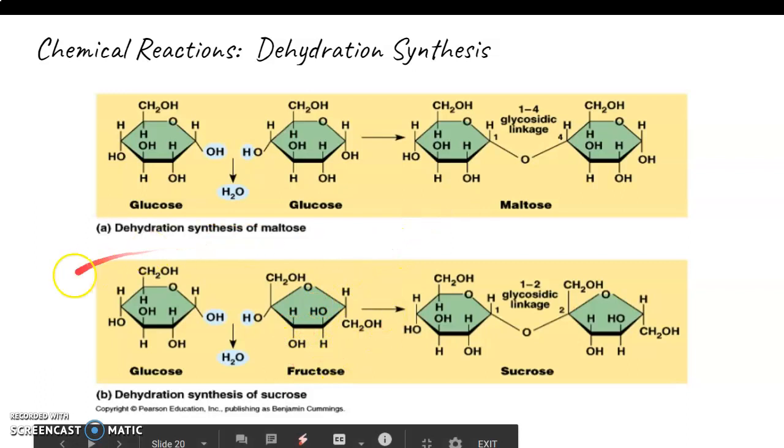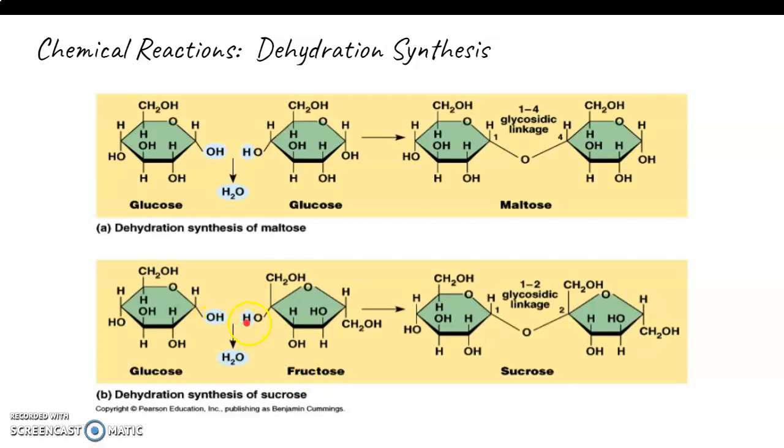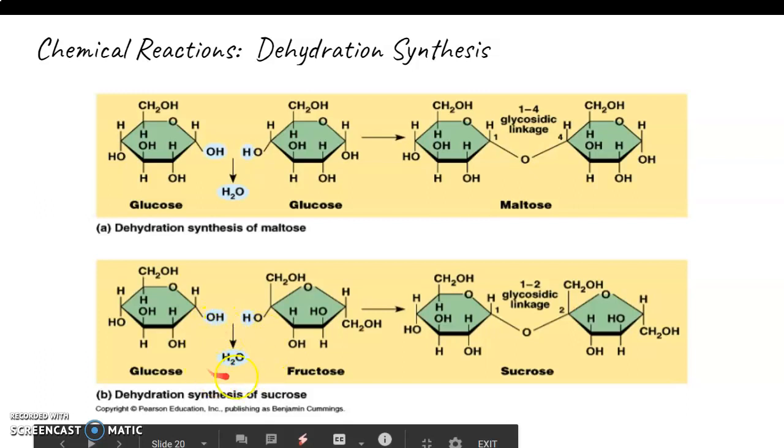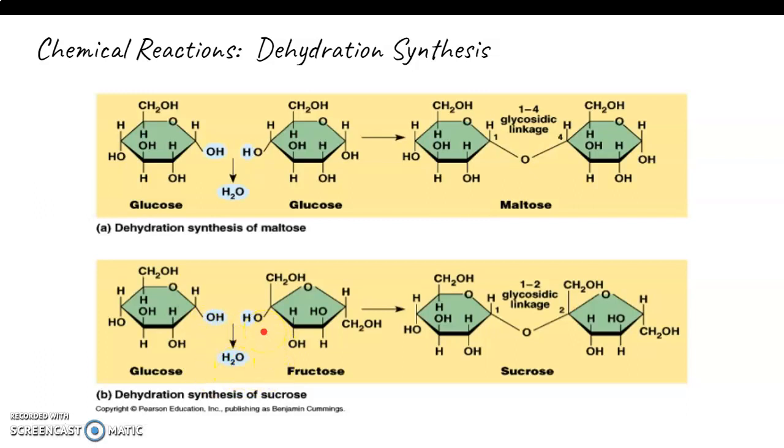We can look at the exact same type of thing down here. We have a glucose and a fructose instead, but the exact same thing is occurring. O, H, H are removed to form a water molecule. That frees up chemical bonds that need to be formed again.